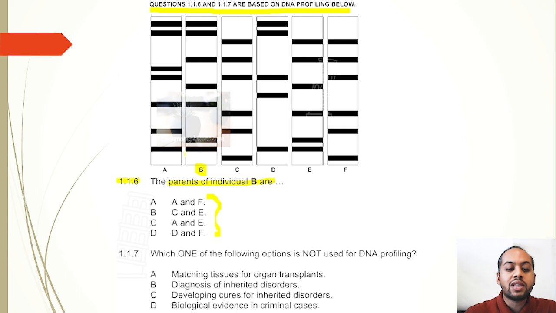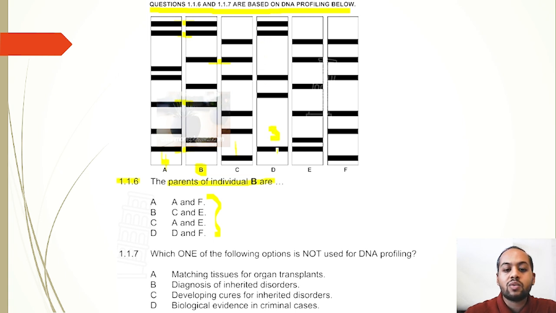So we match B with A, we have 1, 2, 3, 4. There are 4 matching bars. Then we match B with C. From the top, we have 1. We only had 1. Then we go to D. There's 1, there's 2 and there's 3. There are 3 matching bars for D.